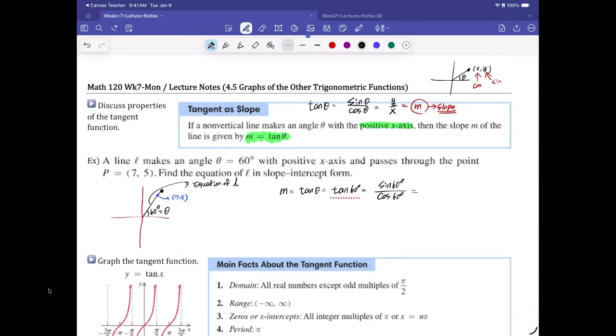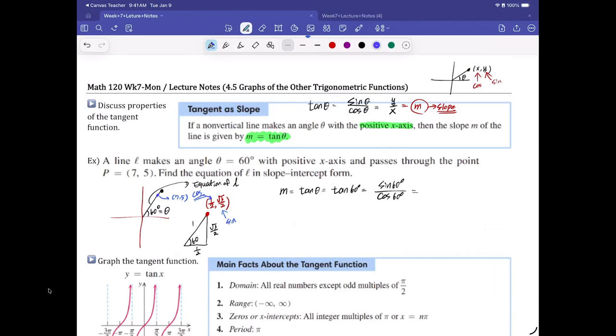You look at the unit circle. For the 60 degree angle, this is 1 over 2 and this is square root of 3 over 2, so the ordered pair is 1 over 2, comma, square root of 3 over 2. This is the cosine and this is the sine. Do you have a unit circle here?